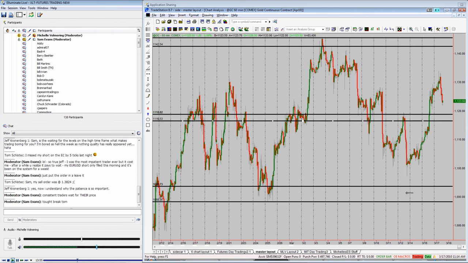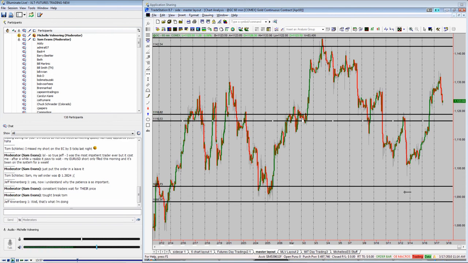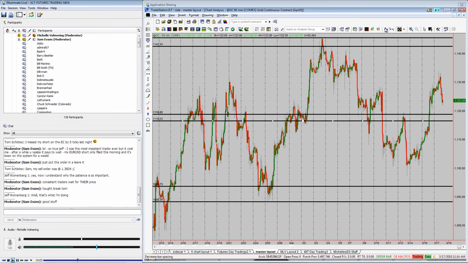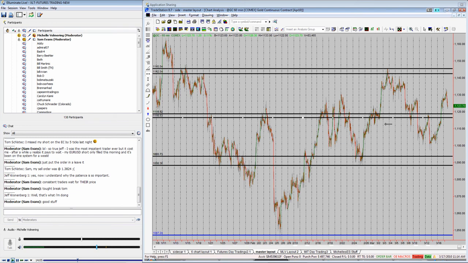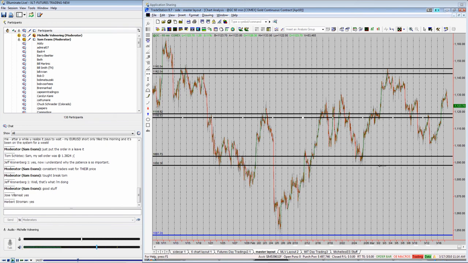After you've been stopped out, would you continue to look for the next lower levels to the downside that were going to be buying opportunities once that level is broken, okay?